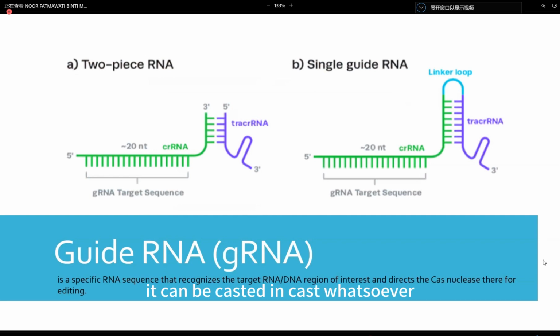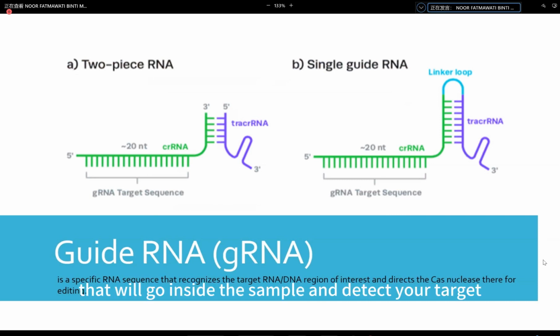It can be Cas13, Cas whatsoever, but there is another part called a guide RNA. This guide RNA goes inside the sample and detects your target, and once it is there, the Cas will do its job, whether it's to edit or otherwise. Cas is the enzyme, but the one for detection is the guide RNA.